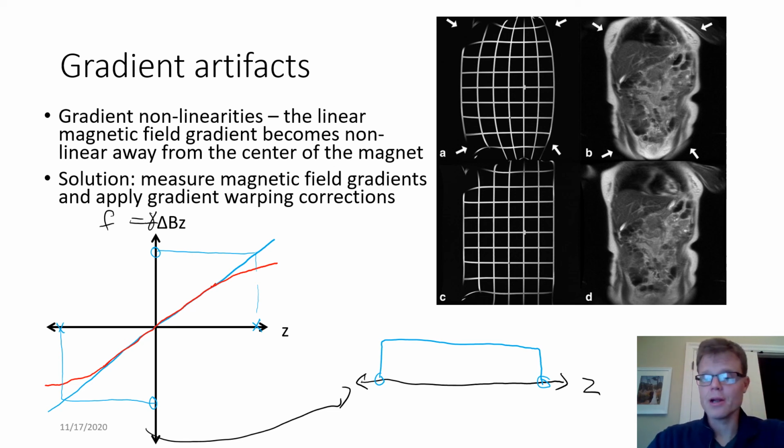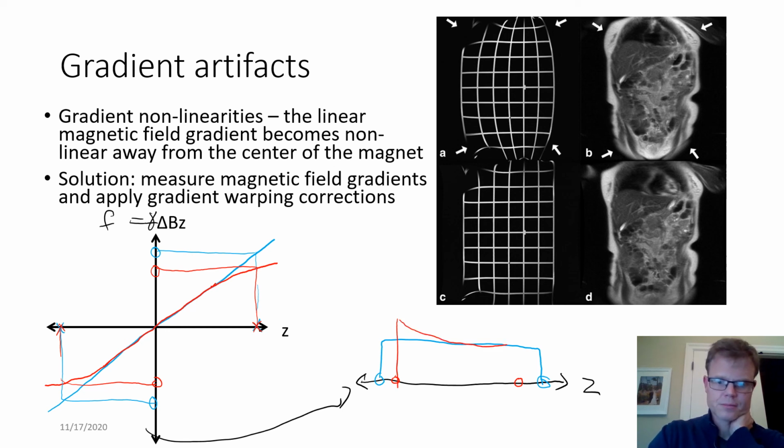But this non-linearity, and typically the way it works, gives us this compression. If we look at where the actual frequencies of these locations up at the edges are, the actual frequencies are going to be lower than we expect. So when we map them back to position, they map to lower positions than we expect. So it actually leads to a sort of compression.